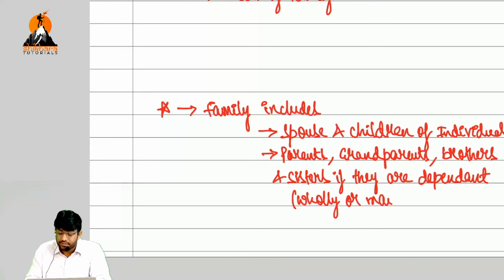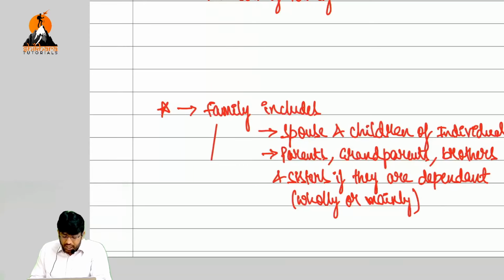Wholly or mainly dependent. They never told in the law wholly or partly. They told in the law wholly or mainly dependent. Getting the point? And the law never covered sister's husband, brother's wife. They are all not covered here, my dear friends. Getting the point?